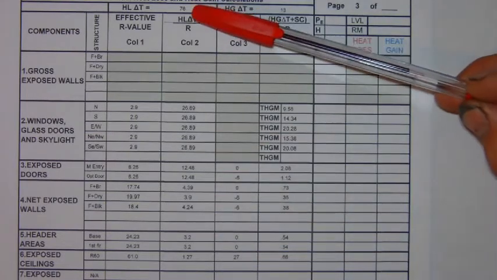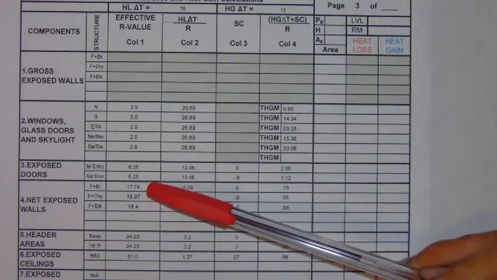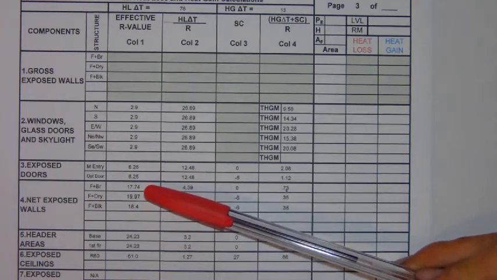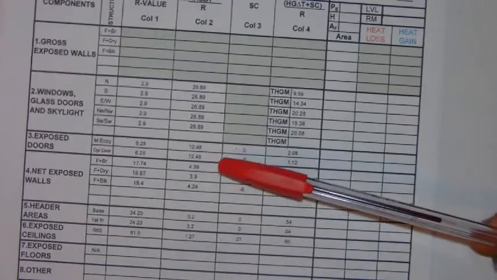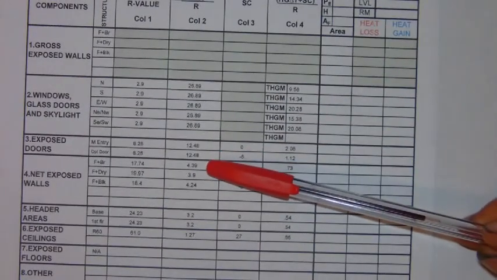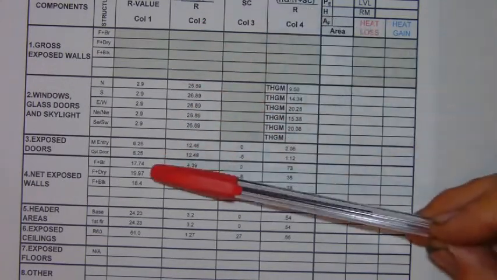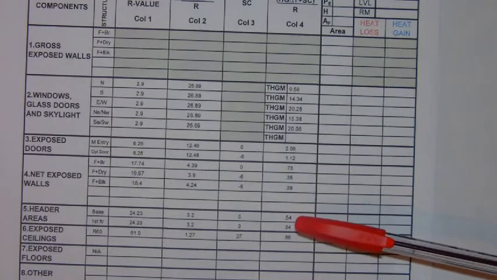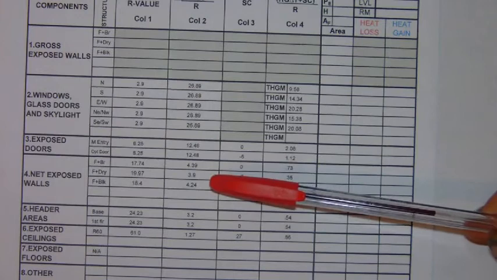Continuing, we've again got 78 degrees delta T, but in this case for the frame plus brick, we divide 78 by 17.74 and we get a heat transfer multiplier of 4.39. For our frame plus drywall, we would have 78 divided by 19.97. That gives us a heat transfer multiplier of 3.9.